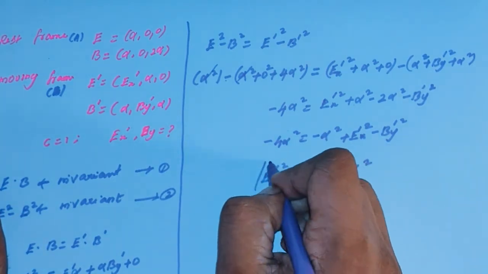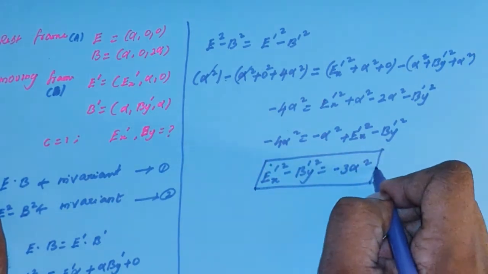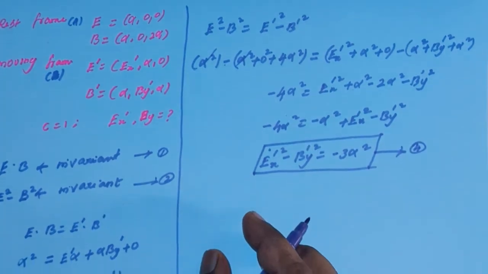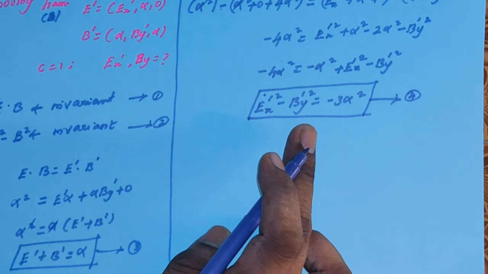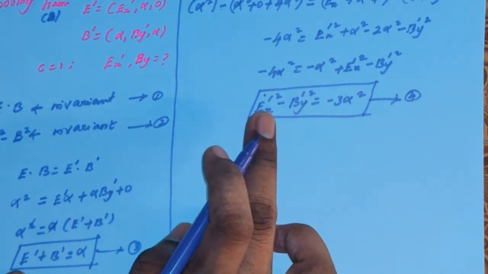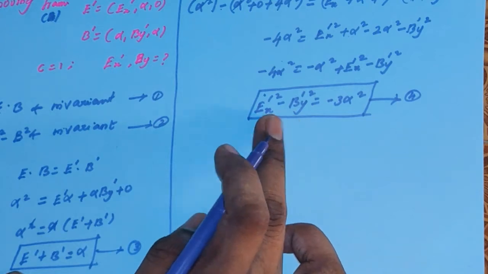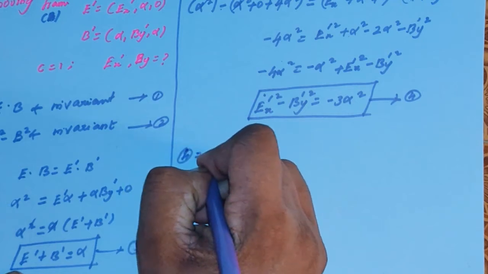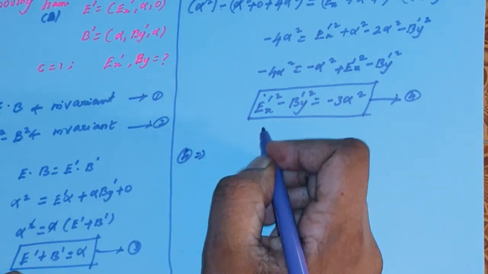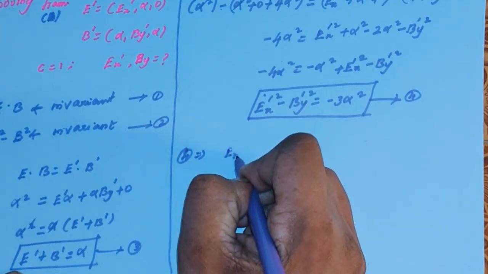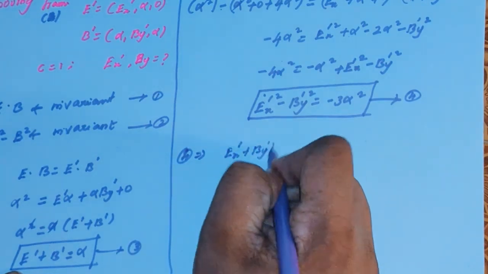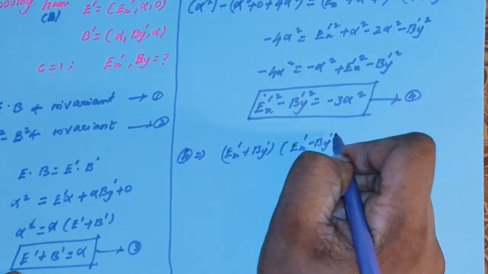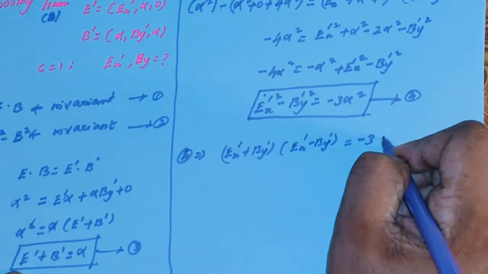This is the next equation we have, but we need to find what our Ex and By values are in terms of alpha. So for that purpose, we are going to couple these two equations and solve them. Here we are going to use the basic formula, A square minus B square is nothing but A plus B into A minus B. Here we are going to take Ex prime plus By prime times Ex prime minus By prime, that would be equal to minus 3 alpha square.